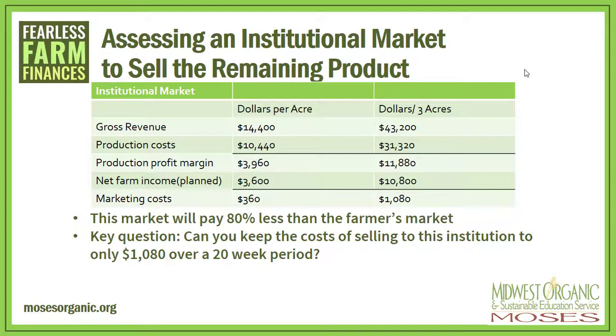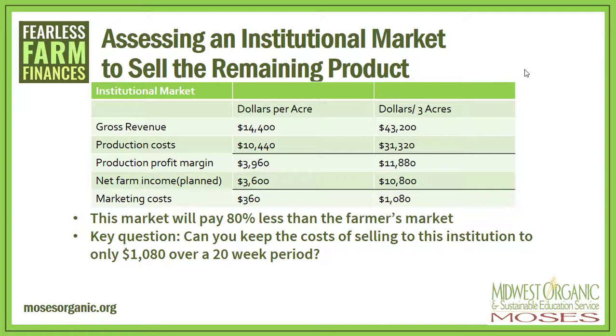So your production techniques and costs are going to be the same regardless of whether you're selling to the farmer's market or to this institutional market. So we left the production cost the same at $10,440 per acre. And your dollar per acre profit goals also remain the same at $3,600 per acre.